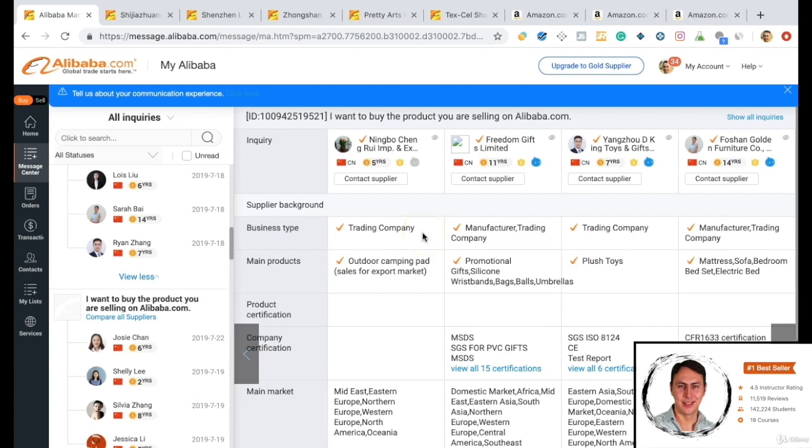What was another one? It was the business type: either manufacturer or trader. Does it produce or trade the product? It is important for us. If the company is just trading, they might not know the manufacturing knowledge well. For example, when you want to make some changes to the product, you might not get good results from traders. However, if you talk about this issue with a manufacturer directly, it would be better.